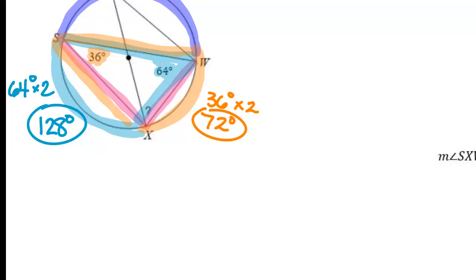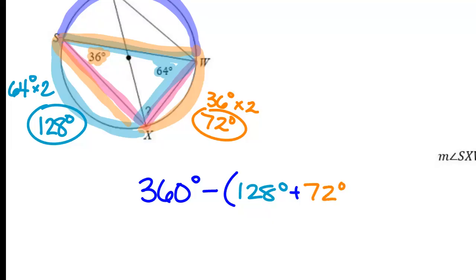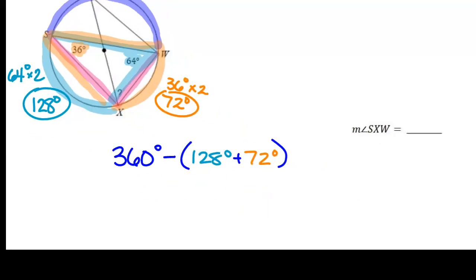128 plus 72, and then do what with that number? Yes, 360 minus whatever we get from doing this. So that's 128 plus 72. What is 128 plus 72? 200. So I have 360 minus 200. What's 360 minus 200? 160.